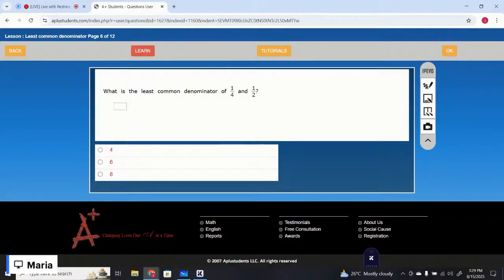What is the least common denominator of 1 by 4 and 1 by 2? Option number 1 is the correct option.